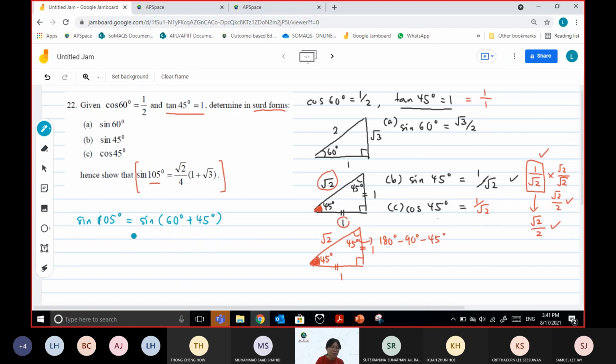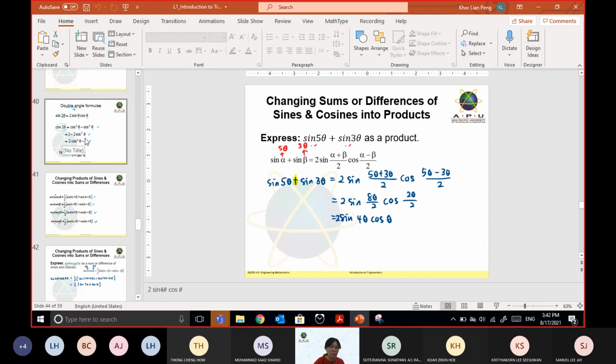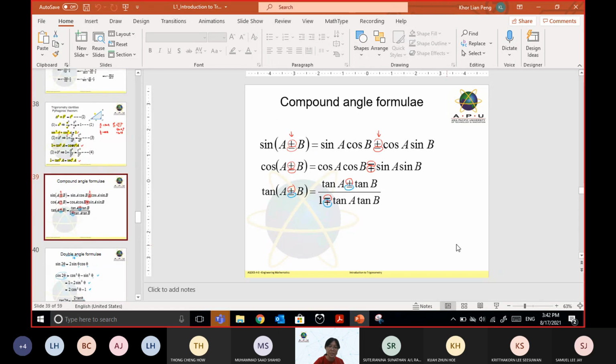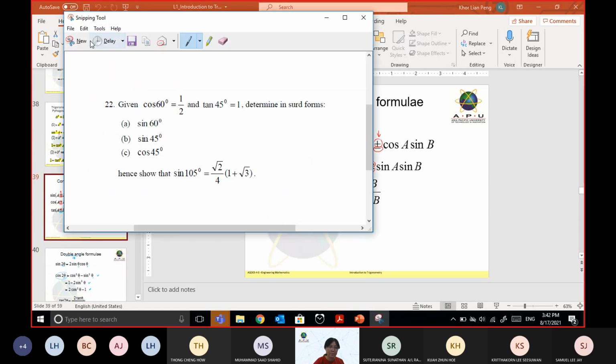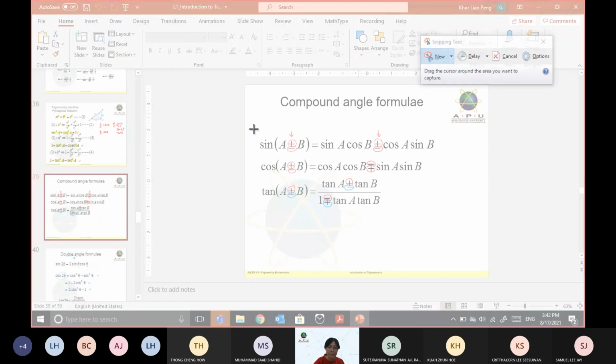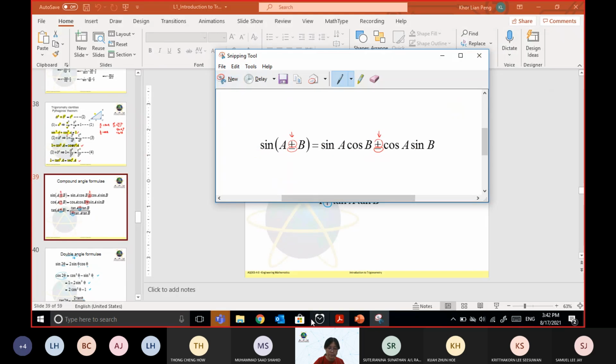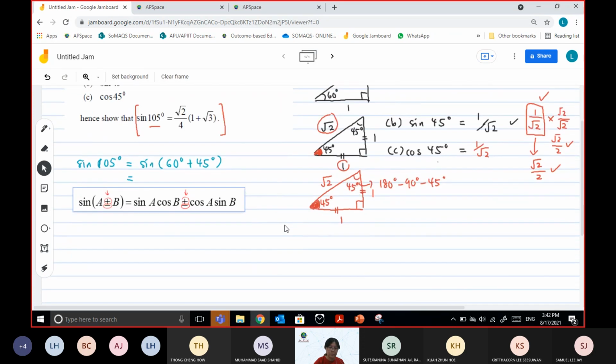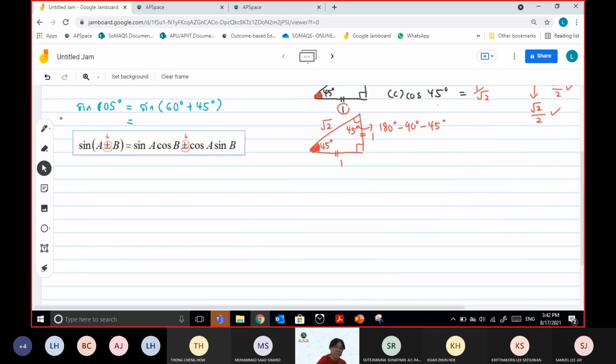Now with sine 60 plus 45, remember we have a formula, the compound angle formula. This is for our reference.